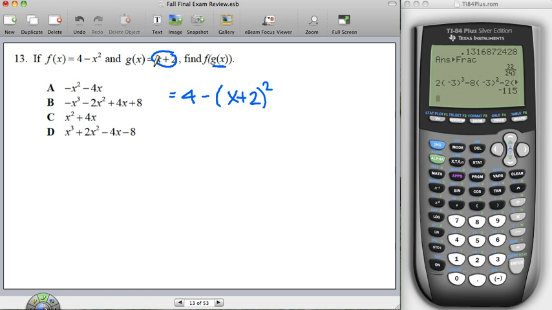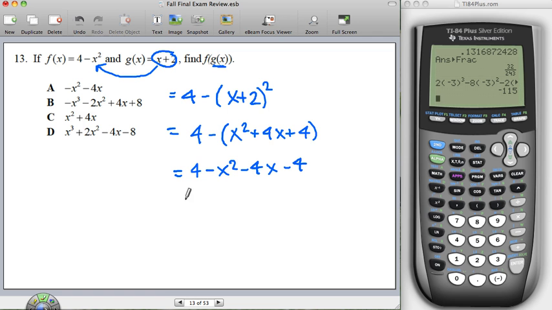So that's 4 minus x squared plus 4x plus 4. And then that leaves me with 4 minus x squared minus 4x minus 4. So I get negative x squared minus 4x. Solution is A.